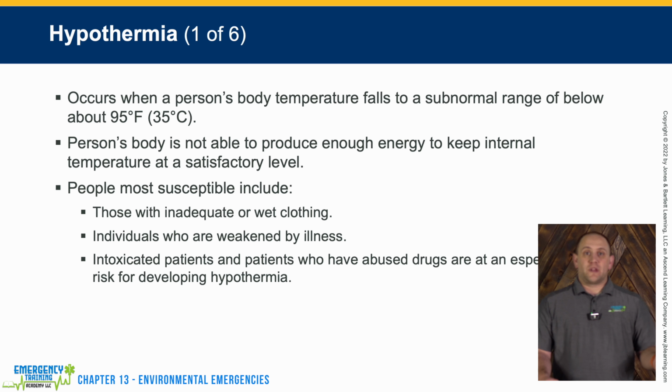People who are susceptible to hypothermia would be those who maybe don't have appropriate or adequate clothing for the temperatures that they're out in, or if their clothing has gotten wet. Anybody who's in a weakened state or has chronic pre-existing illnesses, which are the same things that we've looked at in our heat injuries as well.